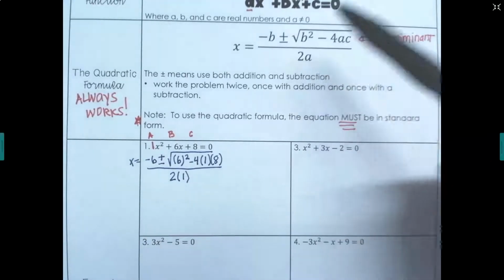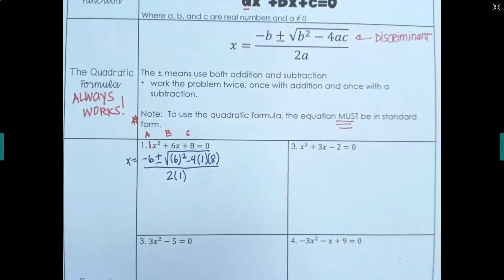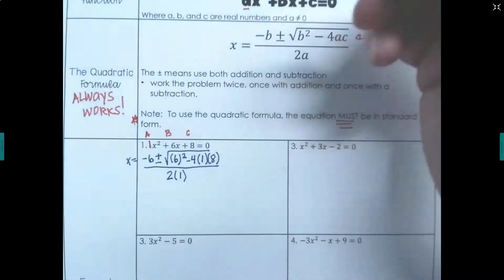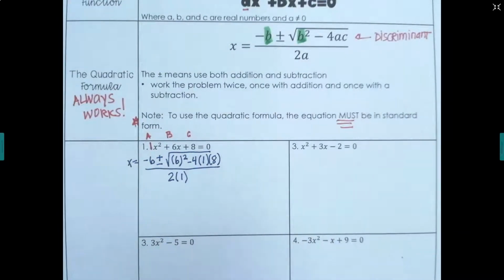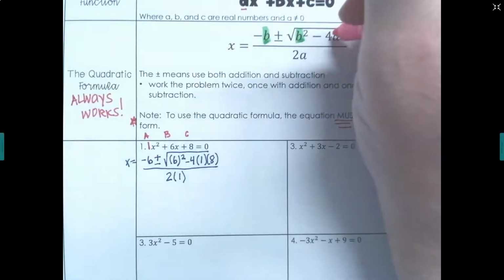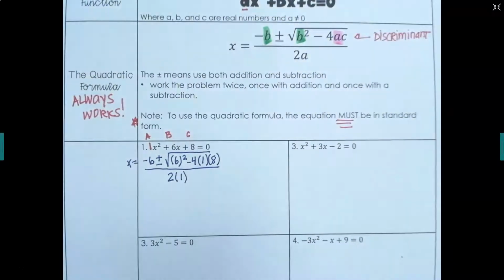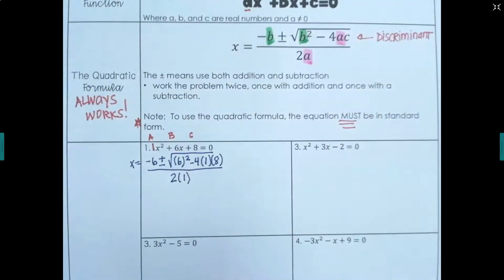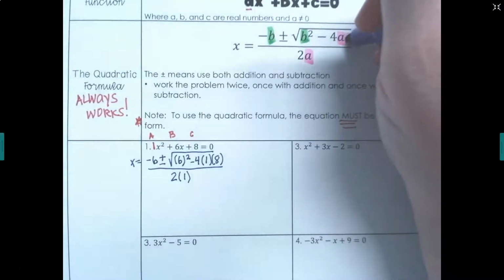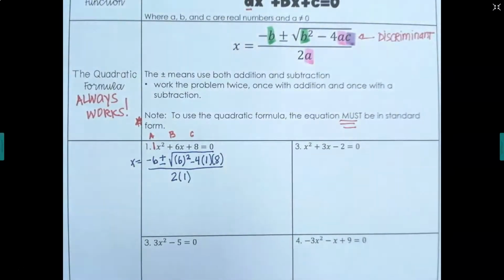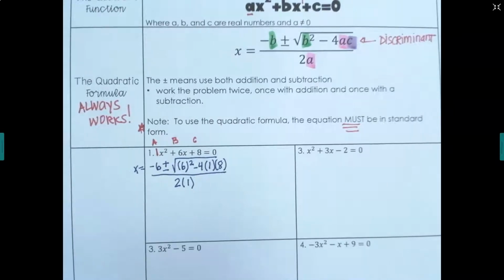I plugged the b value in here and here, and I plugged the a value in right there and right there, so it gets plugged in twice. Then I plugged in my c value in only one spot, right there. So all we've done is take the numbers from our equation and plug them in.